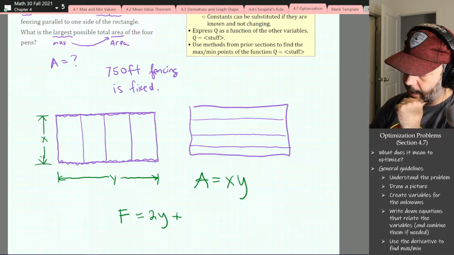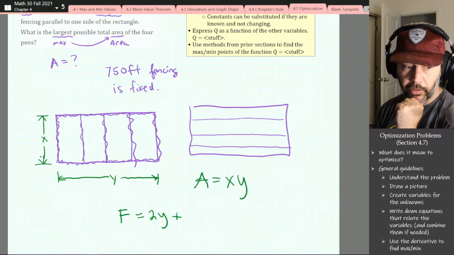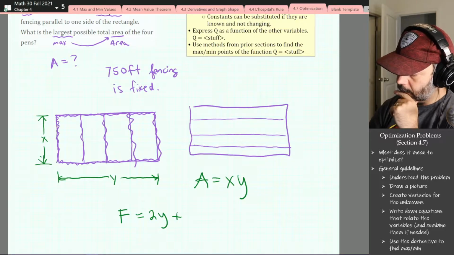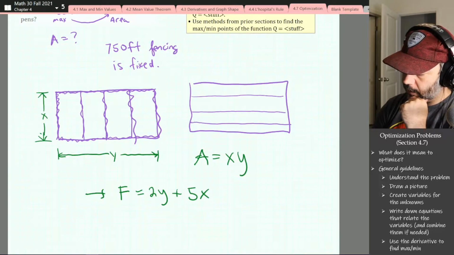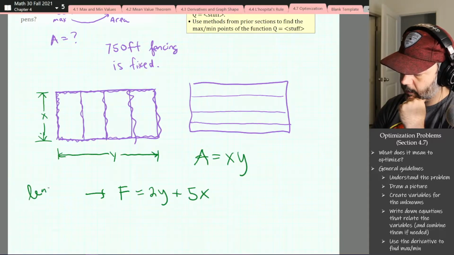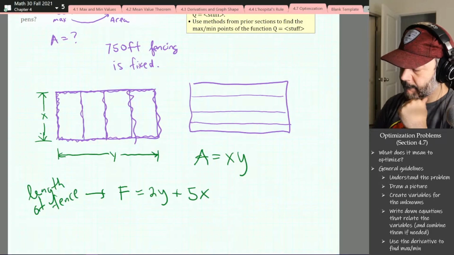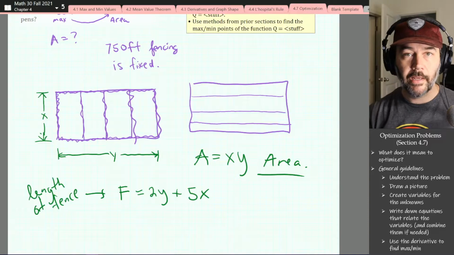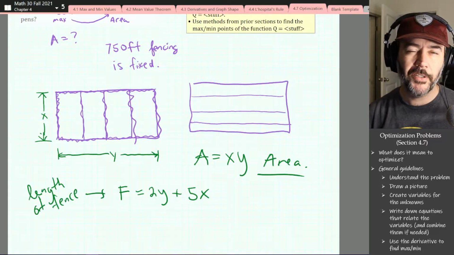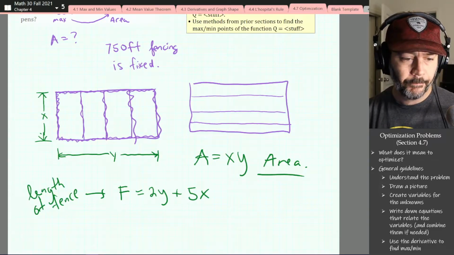Plus this length x is here, but there's 1, 2, 3, 4, 5 of those. So there's 5 lengths of x. So this is an equation for the length of the fence. And this is the area. So this is me just sort of deconstructing the question and trying to understand what's going on.